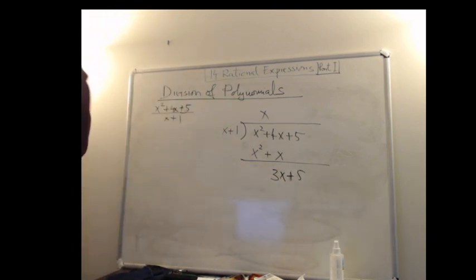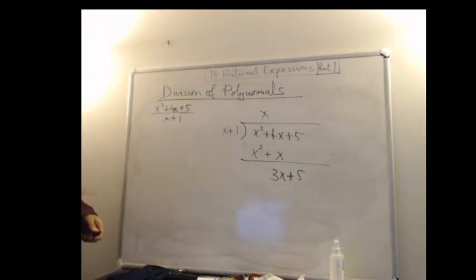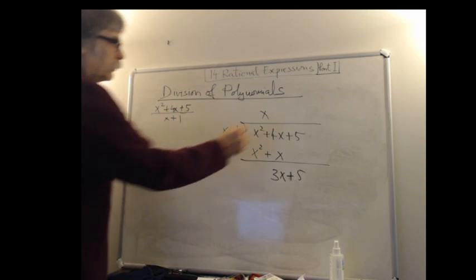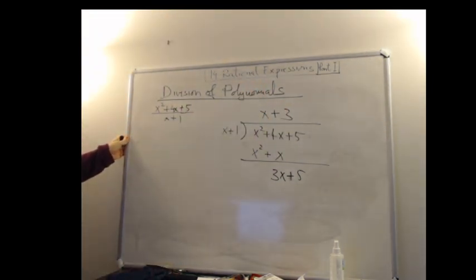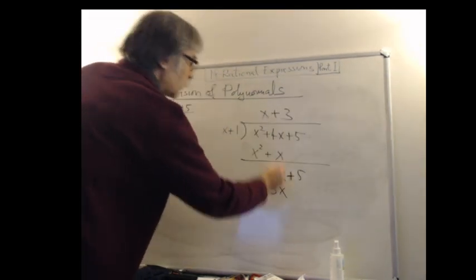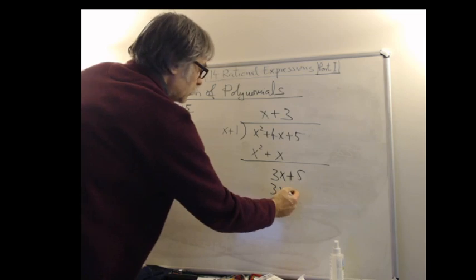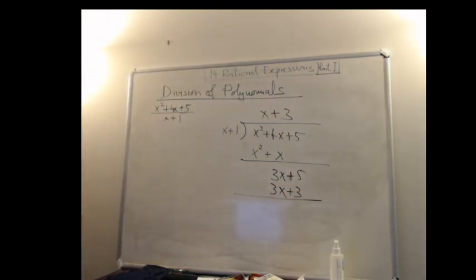The division continues. Now, how do you get 3x out of x plus 1? You multiply with 3. So there's your next term, 3 here. It's not really a digit. 3 times x is 3x. 3 times 1 is 3. Subtract.